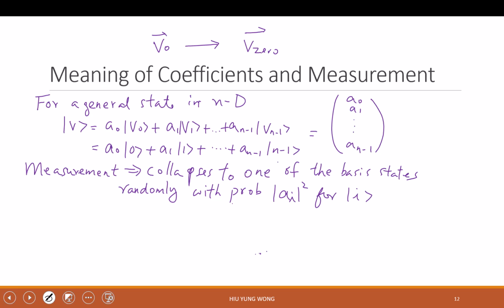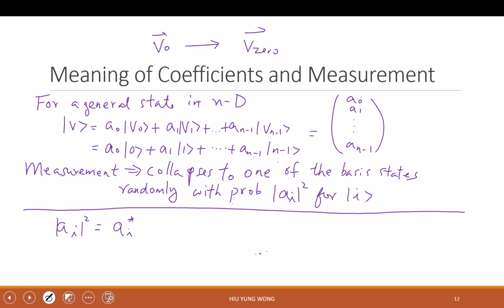That's it. We will do some calculation, but let's just understand what Ai squared is. You need to memorize this equation. You're supposed to know this already. Ai squared is also equal to Ai star times Ai.